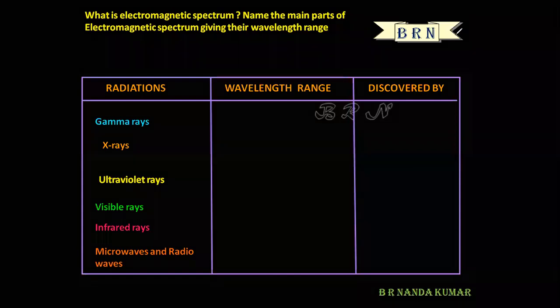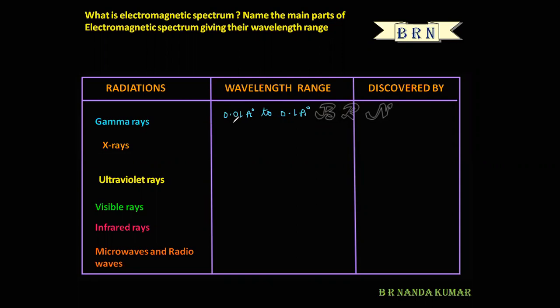So, what is the wavelength range of gamma rays? That is very important. The wavelength range of gamma rays is from 0.01 angstrom to 0.1 angstrom.